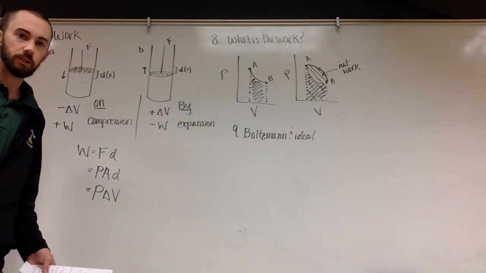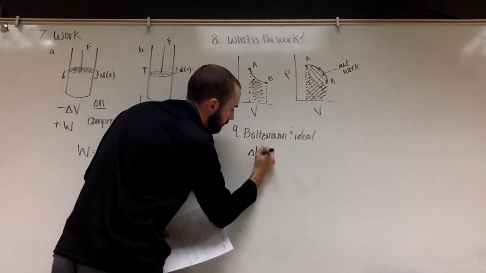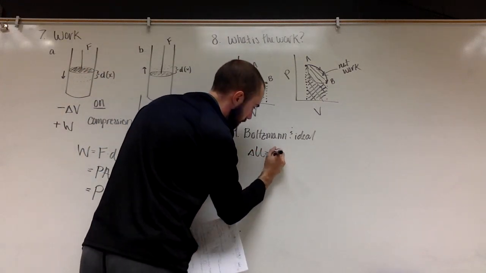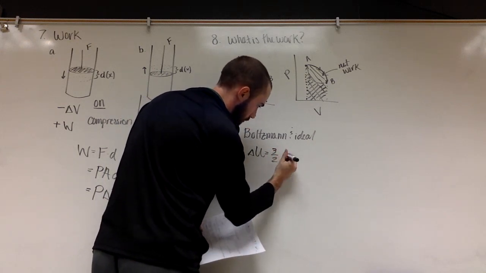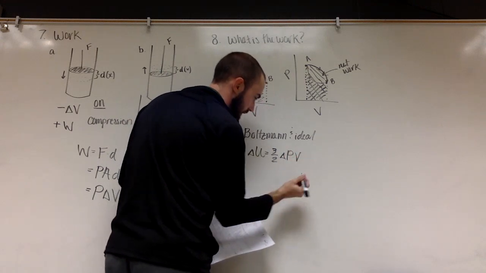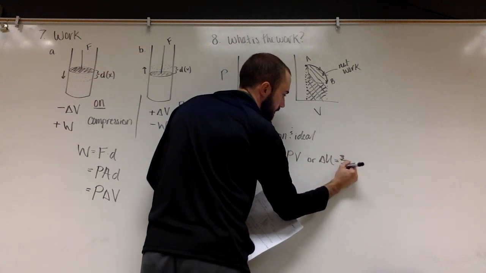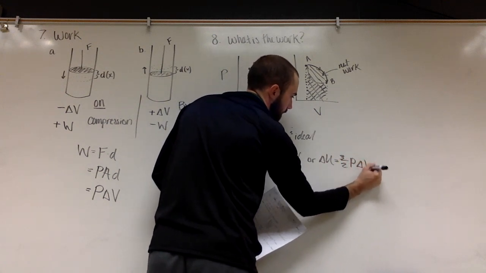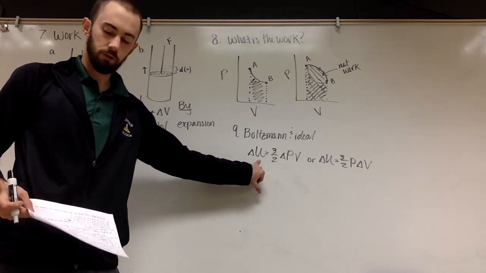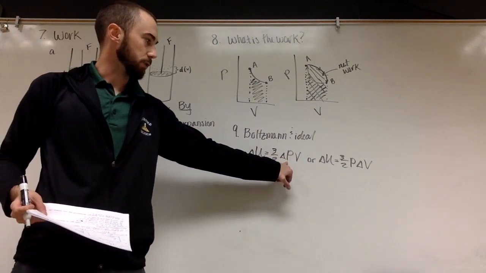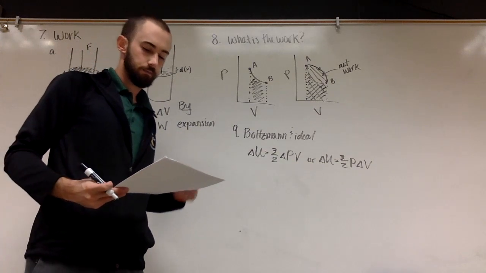When we combine those equations, I mean, the derivation's not supremely important for us, but what we get at the end is that delta U is going to be equal to 3/2 k_B, sorry, just writing down Boltzmann there, 3/2 delta PV, or delta U is equal to 3/2 P delta V. Remember the units of this are joules, pascals for pressure, and cubic meters for volume.